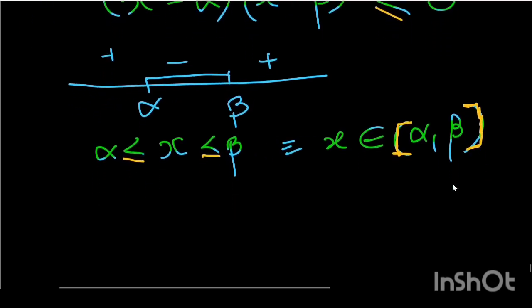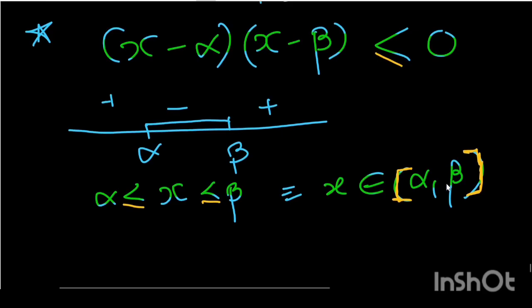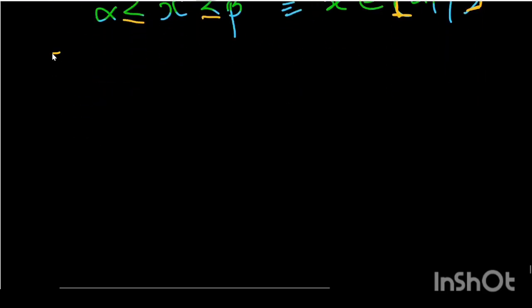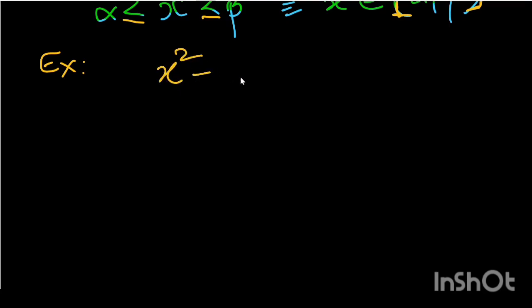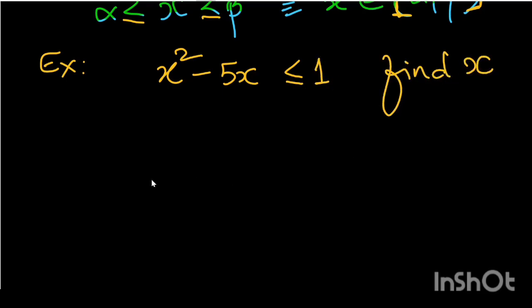So let's take another example on this. x square minus 5x less than or equal to 1. Find x. So how will we do this, guys? Again the hint is the same.